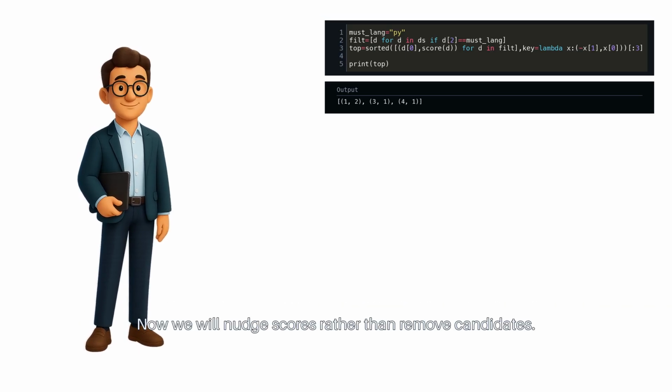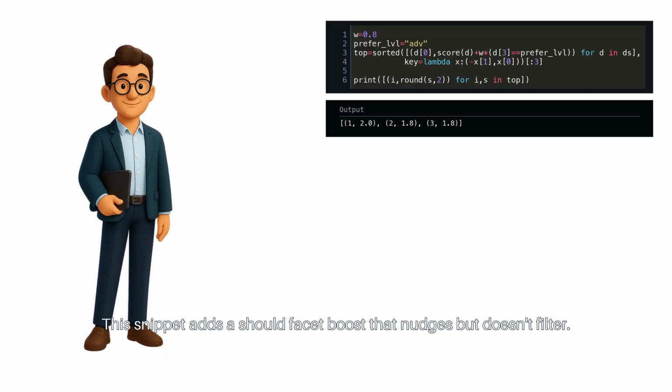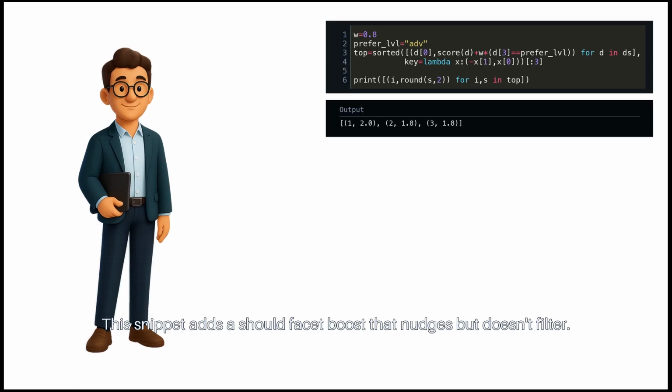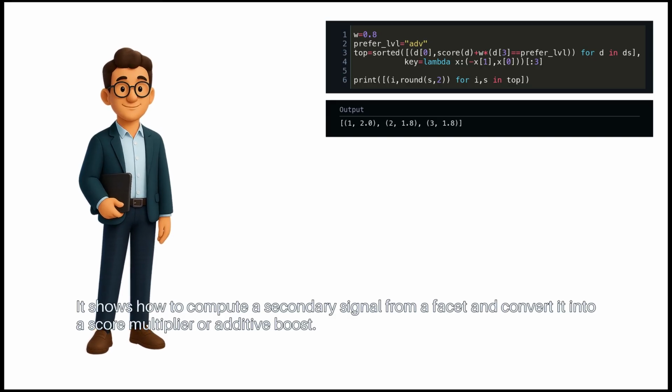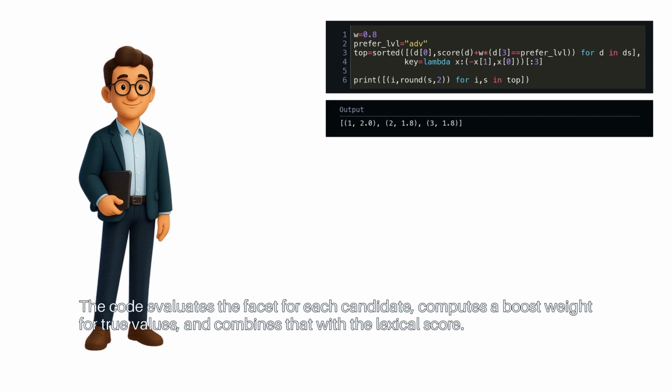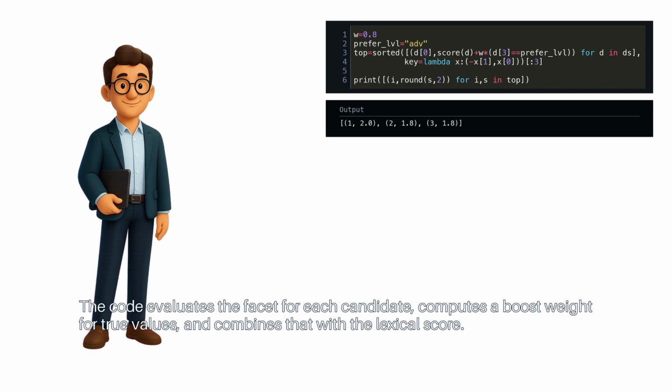Now we will nudge scores rather than remove candidates. This snippet adds a should facet boost that nudges but doesn't filter. It shows how to compute a secondary signal from a facet and convert it into a score multiplier or additive boost. The code evaluates the facet for each candidate, computes a boost weight for true values, and combines that with the lexical score.